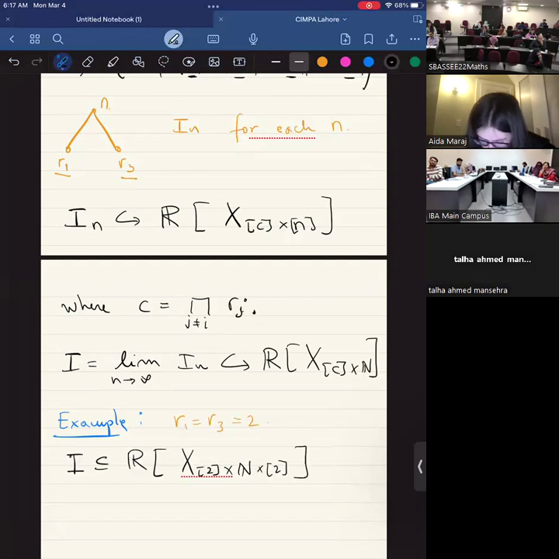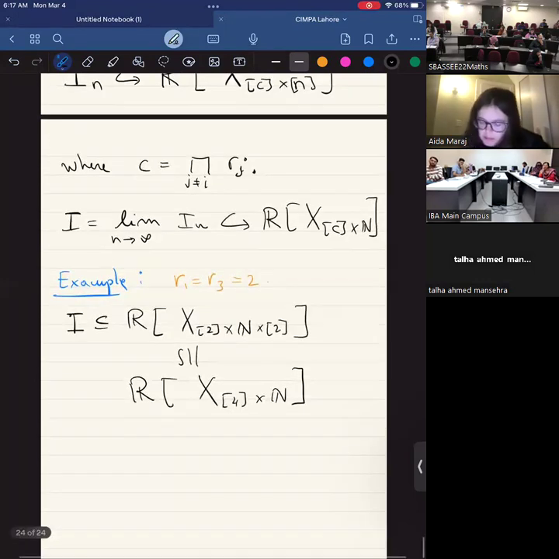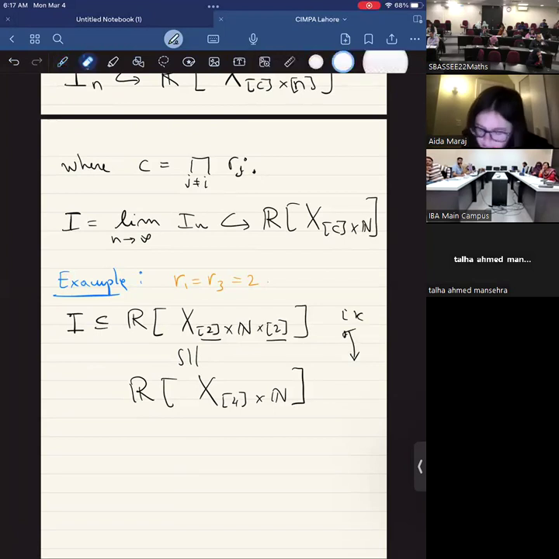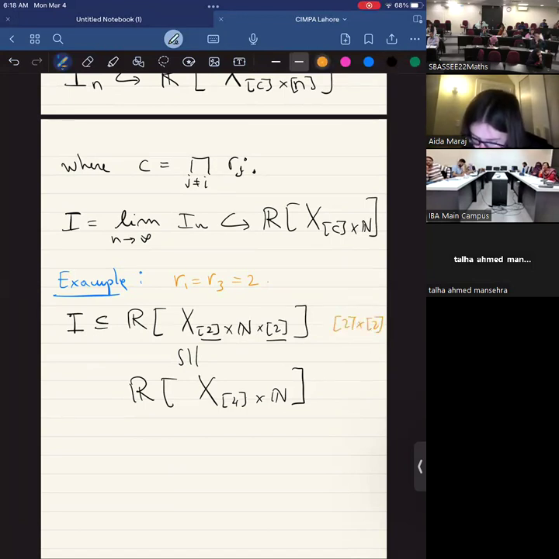But we can also think of this as isomorphic to R of X, 4 by N. Basically the idea is that 2 times 2, this Cartesian product, is in bijection with 4.